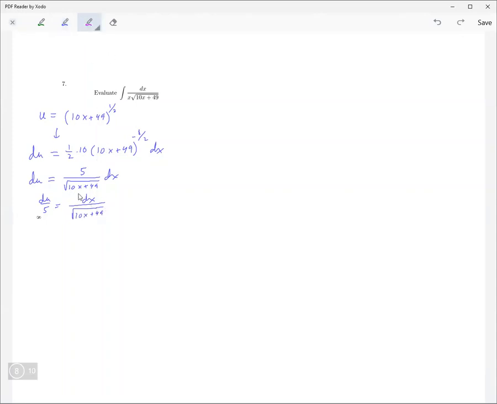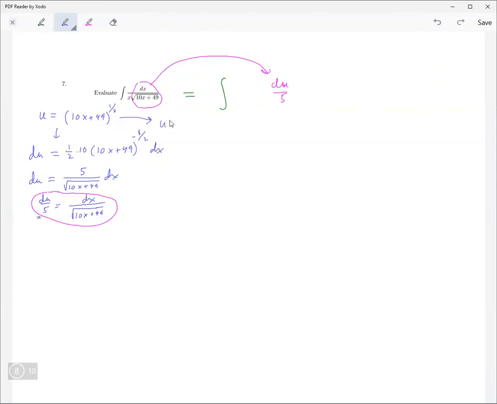And actually, what I'm trying to get at right here is that all of this gets replaced with a du over 5. Okay, so all that got replaced with du over 5, because that's what du over 5 is.